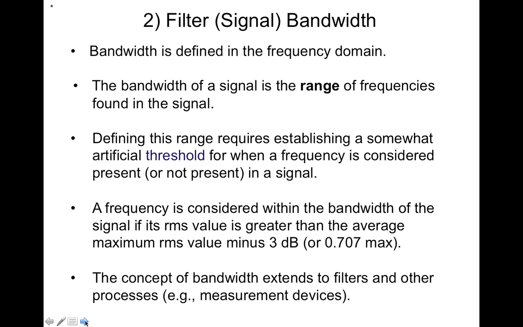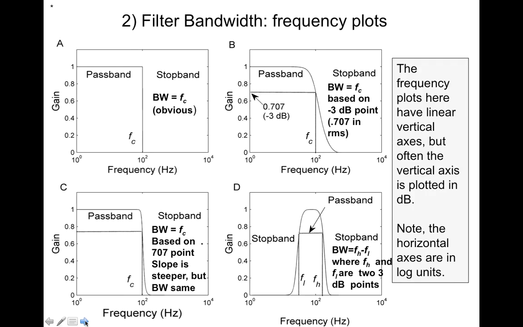So the concept of bandwidth extends to filters and other processes, including measurement devices. And it just means the frequencies that are included in the band of interest. So here are some examples of comparing gain and also looking at how the plots are done.